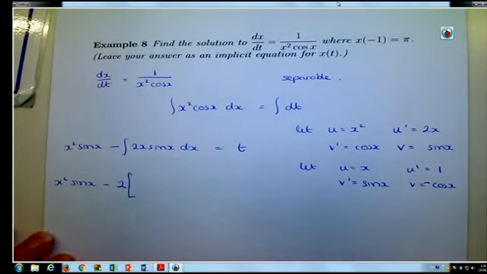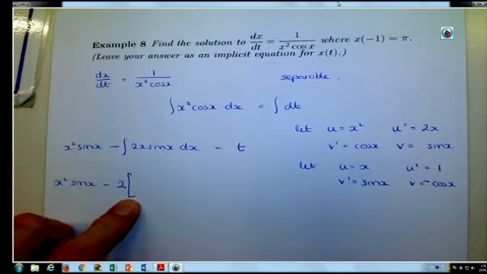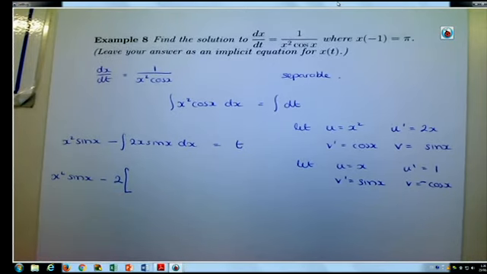So use your brackets. Make sure you use your brackets, because otherwise, trust me, you miss it on this one, and then your answer's wrong.